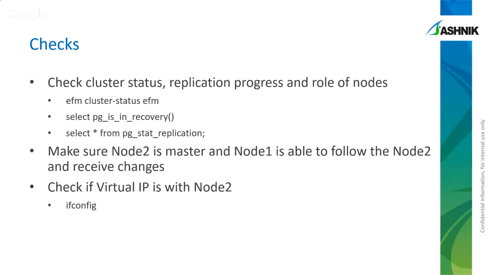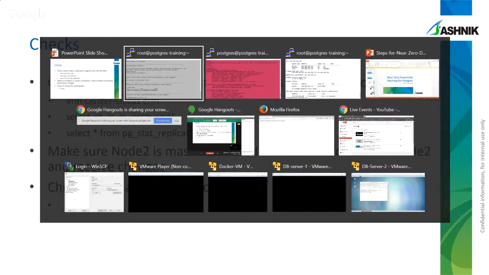Once the patch is applied, I need to check the cluster status with EFM, and I need to check the replication status. I need to check the recovery status on both the nodes, and whatever changes I make on node 2 should be replicated to node 1, because I have reversed the direction of replication. And I'm using virtual IP, so node 2 should have that virtual IP now, like you can see right now.